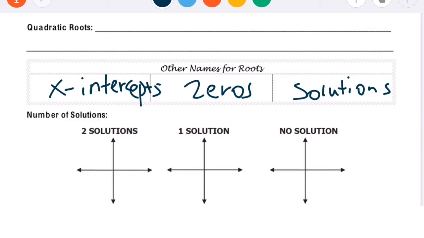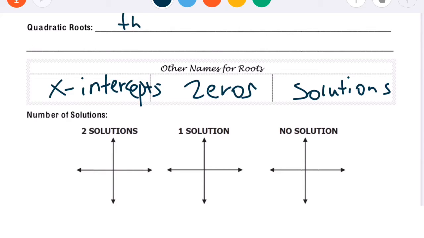All of these names are where the parabola crosses the x-axis. So that is the definition of a quadratic roots or x-intercepts or zeros or solutions.